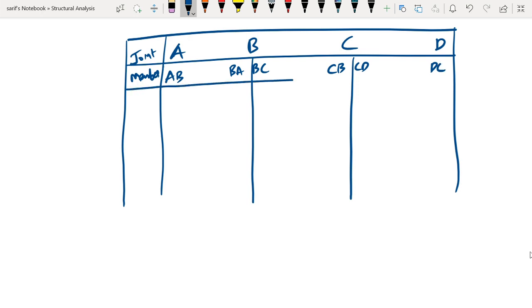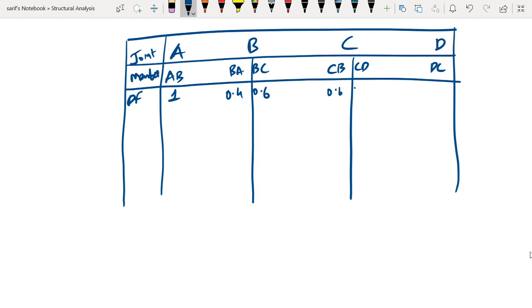Next column is of distribution factors. It is an end hinge, so the distribution factor is 1, and for BA the distribution factor is 0.4. Here it is 0.6.